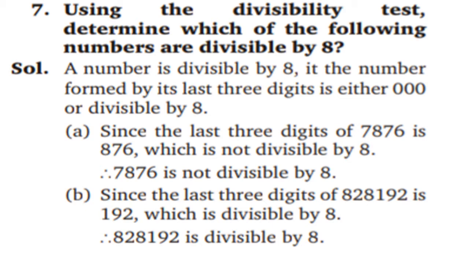Since the last 3 digits of 7876 is 876, which is not divisible by 8, therefore this number is not divisible by 8. Now next B part, since the last 3 digits of this number is 192, which is divisible by 8, therefore this number is divisible by 8.